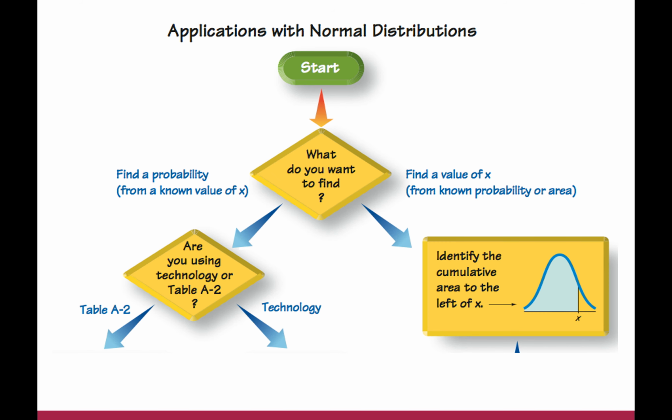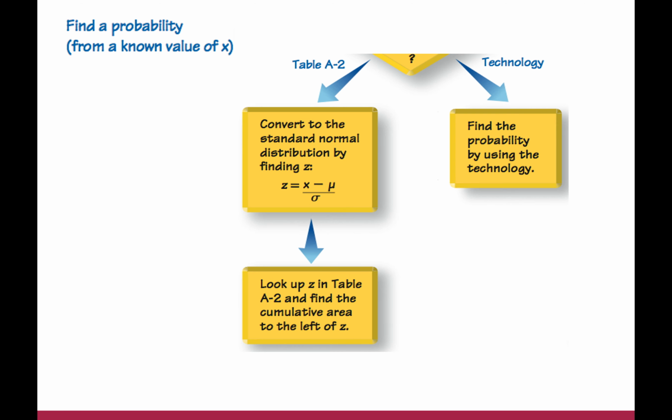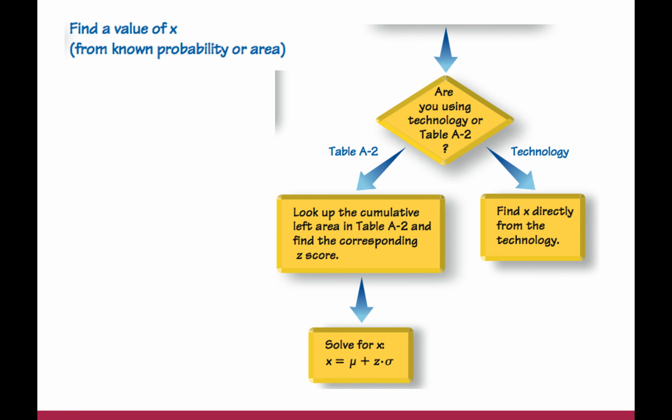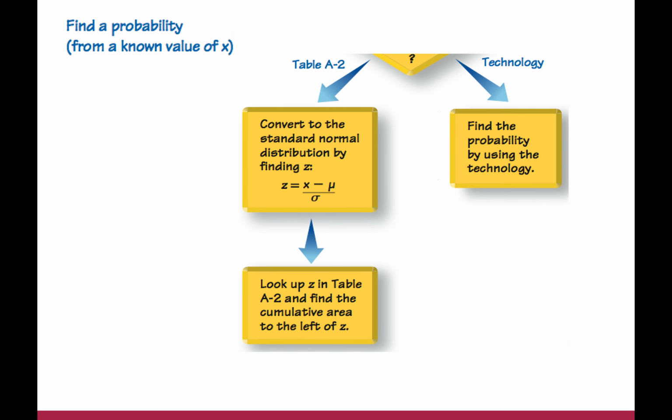Application of normal distribution. First, you want to find the probability for a known value of x, either using Excel or table A2, or using technology to find the probability. Or you want to find the value of x from a given area of probability. If you're using table A2 to find the probability, use the z-score formula to find the z-score, look up the z-score in table A2, and find the cumulative area to the left.